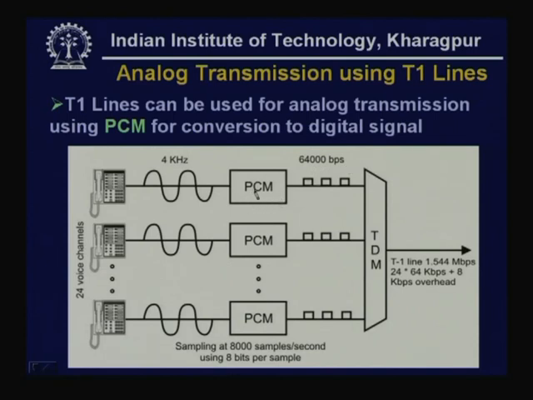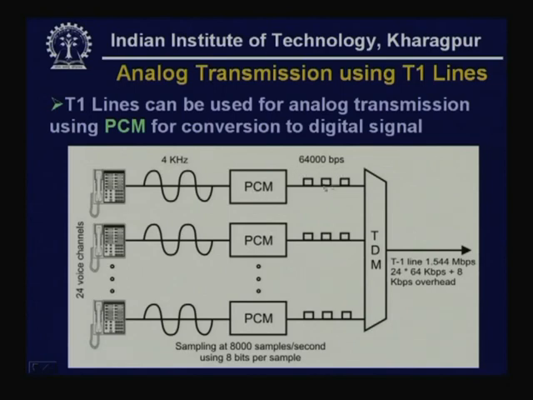That means, since it is 4 kilohertz bandwidth, you have to sample at the rate of 8 kilohertz, then by using 8-bit quantization, that means an analog to digital conversion by using 8-bit AD converters, you get 8 kilohertz into 8, that means 64 kilobits per second for each channel.